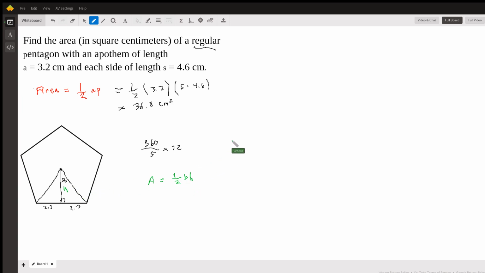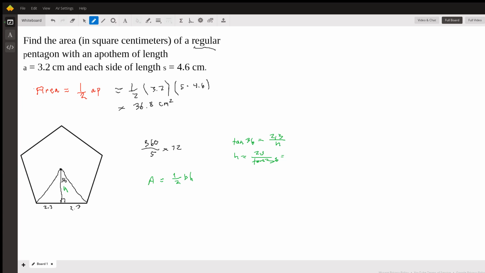So we're going to use tangent of 36 is equal to 2.3 over height. So height is equal to 2.3 over the tangent. And I'll put that in my calculator. So I just have to make sure I'm in degree mode, which I was not.